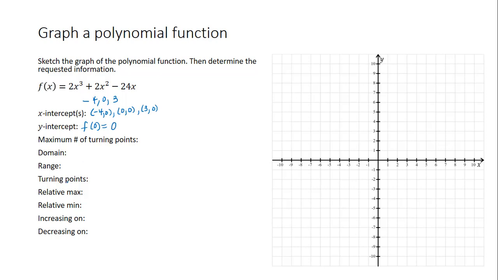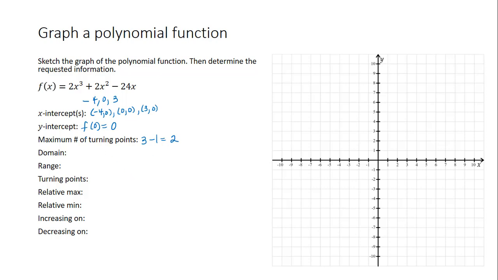Now the maximum number of turning points refers to, if I know the degree is 3, how many times can the graph of the function turn? And that's always going to be 1 less than the degree. So if the degree is 3, our maximum number of turning points is 3 minus 1, which is 2.